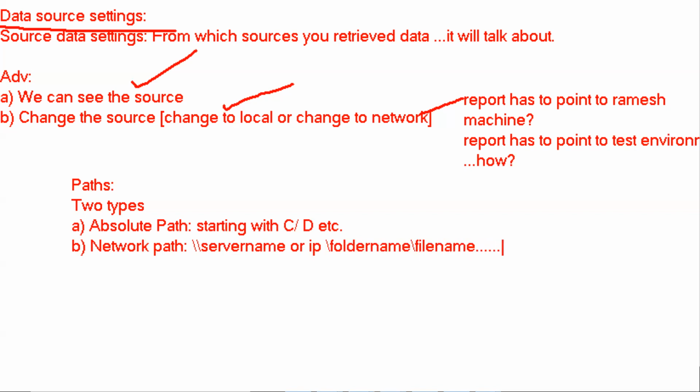This is called a network path. So a network path is always accessed through a server or IP. How do we convert a normal folder to a network folder?